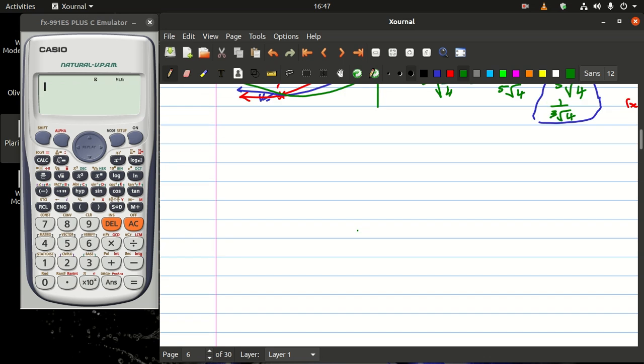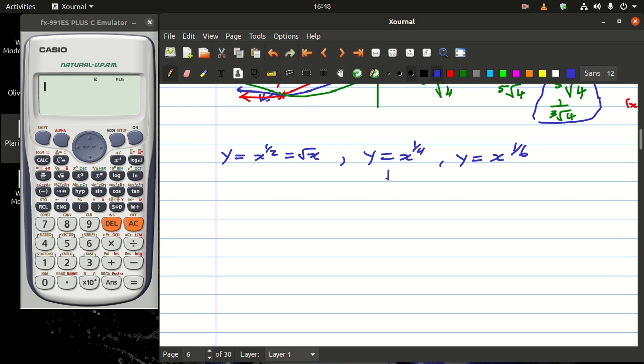Now, when it comes to, let me look into this, we have y is equal to x to the power 1 over 2. Note that this is the same as the square root of x, and y is equal to x to the power 1 over 4, and y is equal to x to the power 1 over 6.